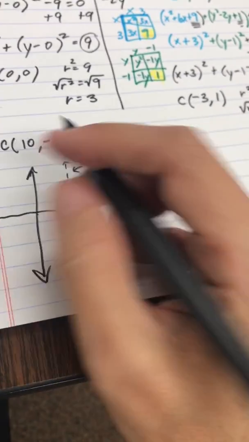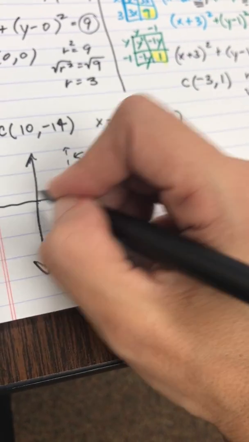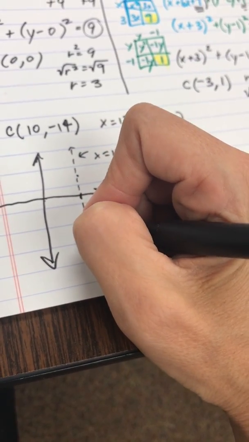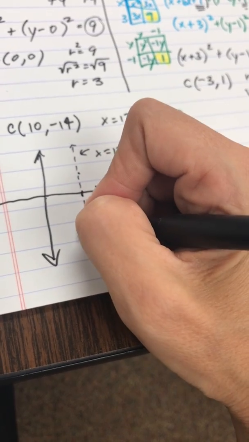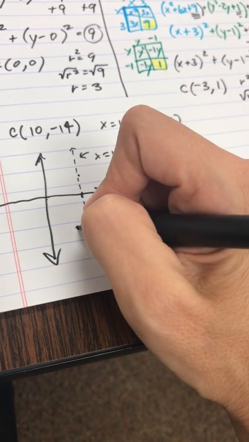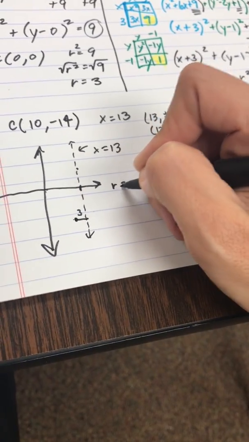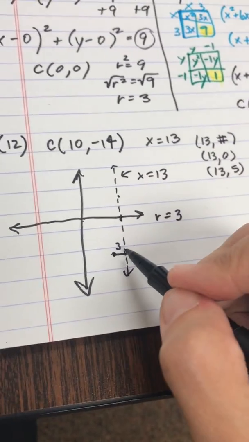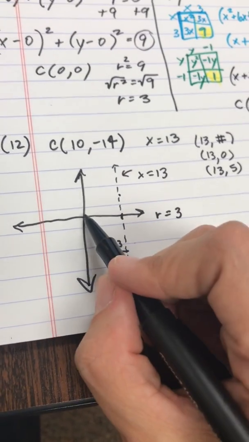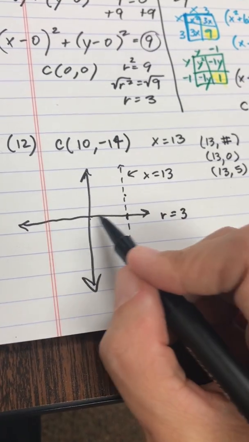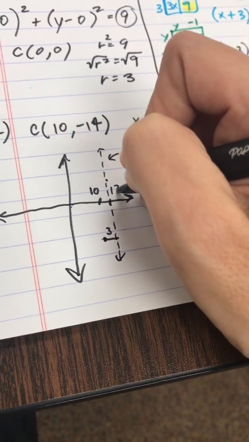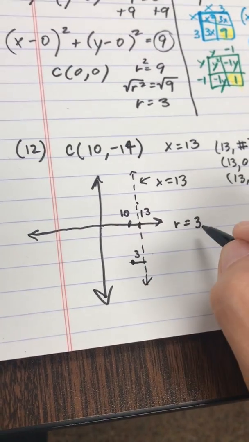Okay, now if you're tangent to that, let's say I went over 13. This one I went over 10 and down 14. So then I went over 10, down 14. So the distance between the 10 and the 13 is just the number 3. So it looks like I kind of already know that the radius would have to be 3 because if the center is at 10 and this line is at 13, then the distance between those two numbers is just 3.